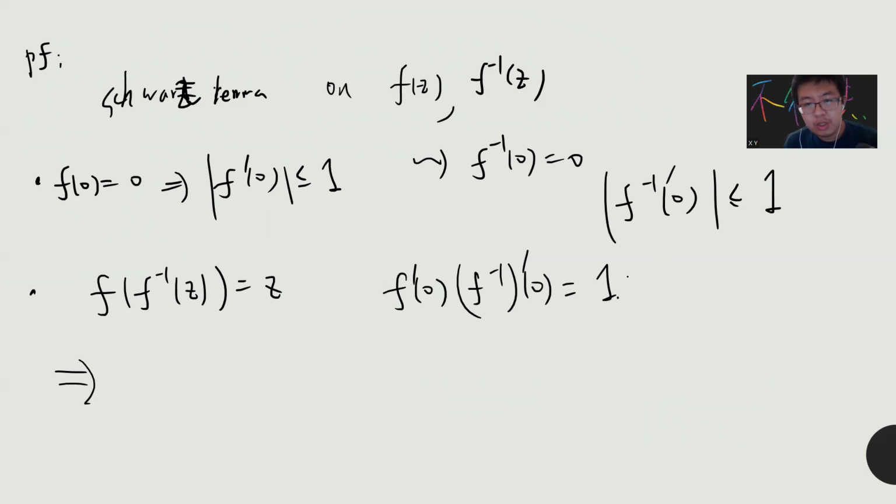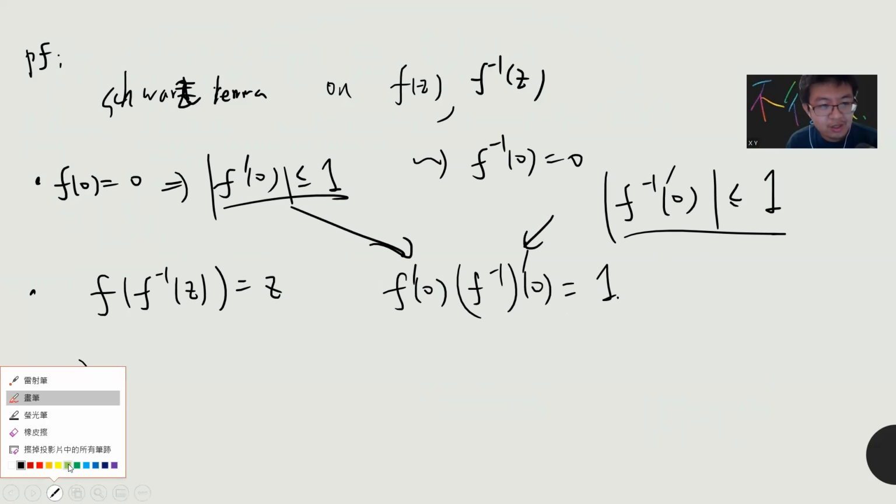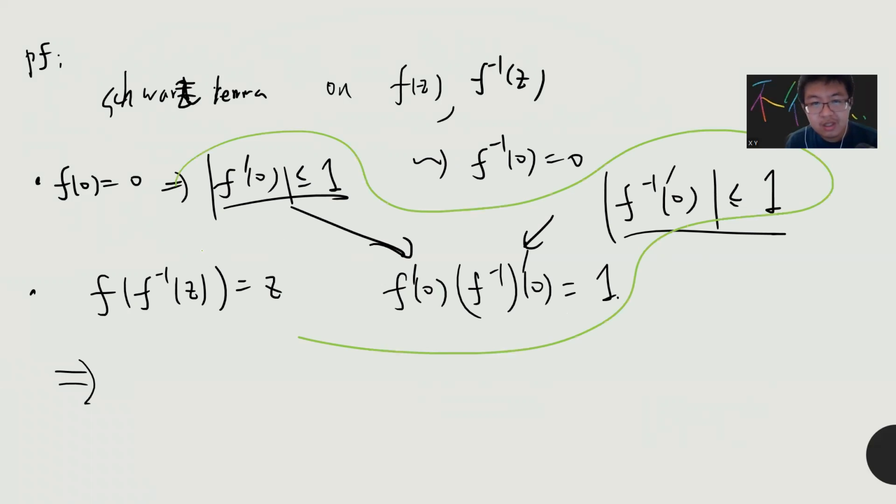But one of them is less than or equal to 1, and the other is less than or equal to 1, and their product is 1. So combining these three, what we have is that both are 1, because you have two numbers with absolute value less than or equal to 1, but their product is 1, which forces |f prime of 0| to be 1.